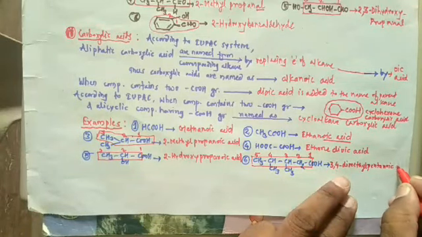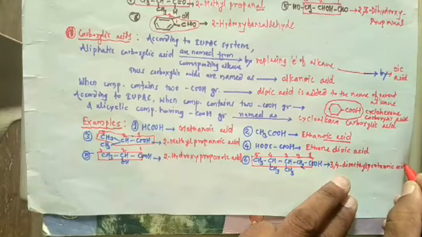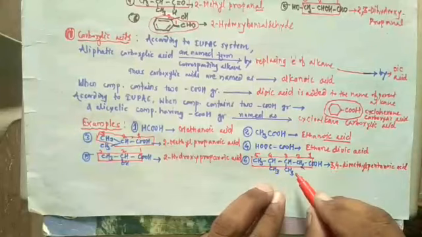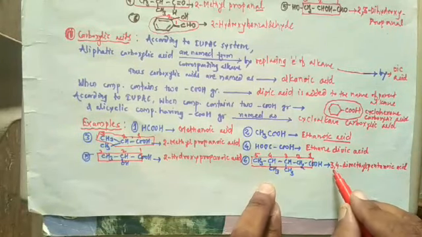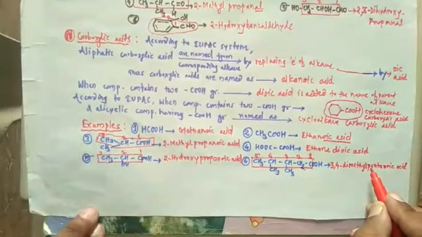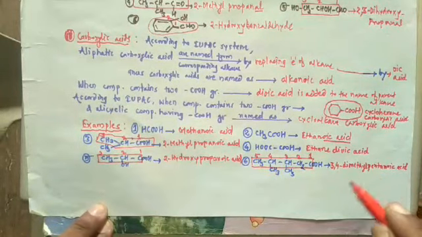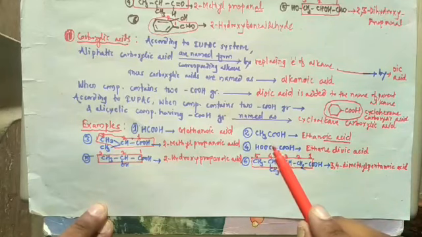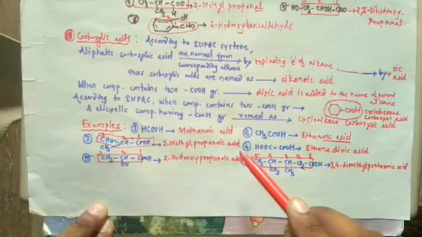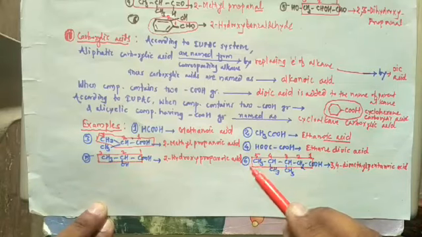So the IUPAC name of this compound is 3,4-dimethyl pentanoic acid. So after studying in detail about the IUPAC system, today we solved some examples. So we will stop here. Thank you.